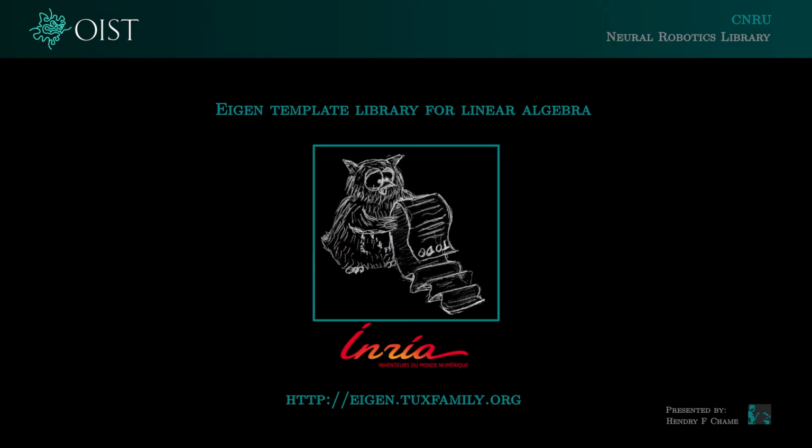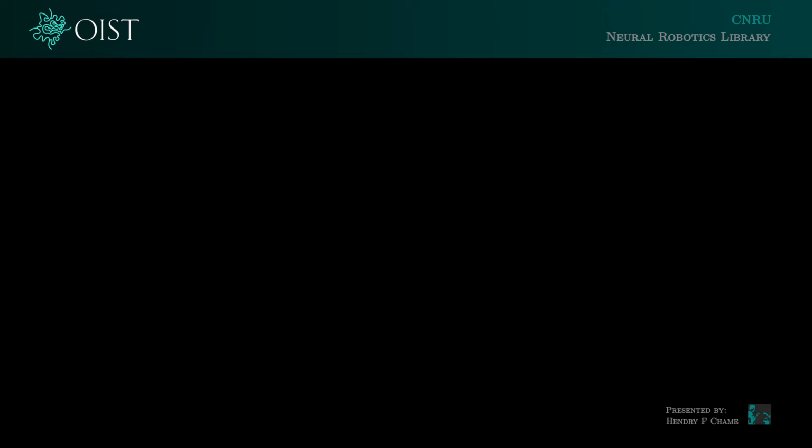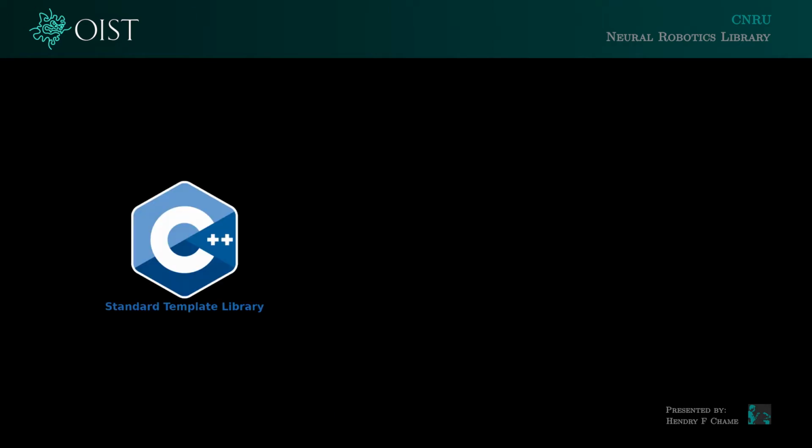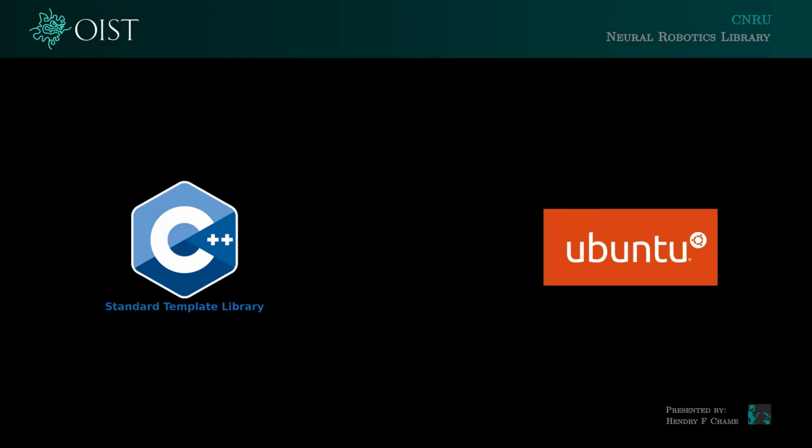Please download the Eigen template library for linear algebra. We have tested version 3.3.0 for demonstration in this video. It is required to have an implementation of the C++ standard library. I am going to show how to compile the programs in Ubuntu version 16.04, since it is a free platform.